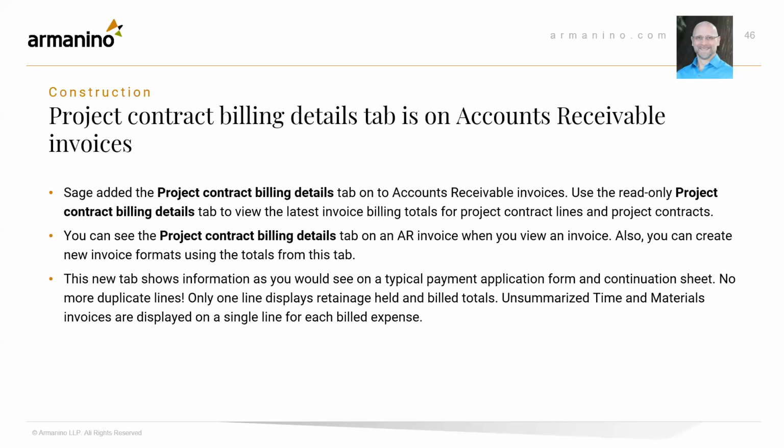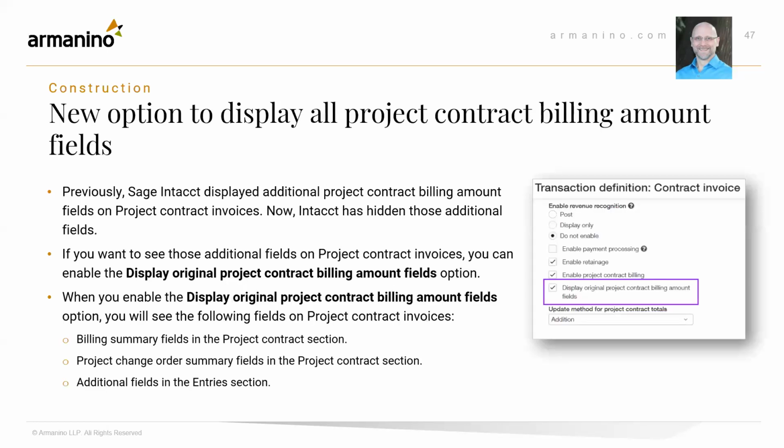It shows you information you would typically see, like a typical payment application form and continuation sheet. And so that reduces duplicate lines, of course, because only one line displays retainage held and billed totals. Unsummarized time and materials invoices are displayed on a single line for each billed expense. So pretty cool from that perspective as well.